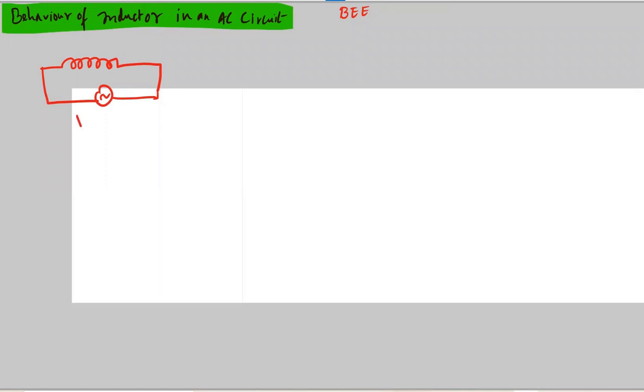AC source voltage, you know that V equals Vm sine omega t. Voltage developed across the inductor is going to be VL.